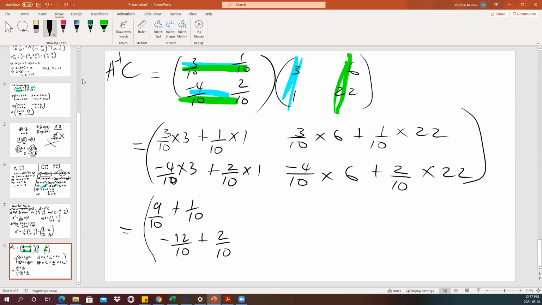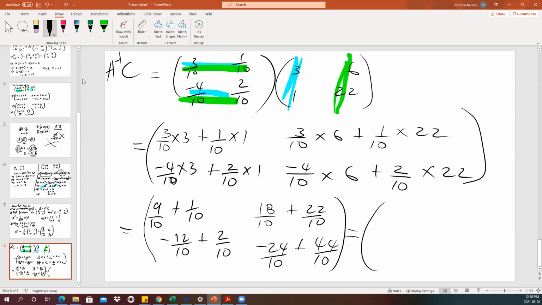Over here now we have 3 over 10 times 6, so that's 18 over 10 plus 22 over 10. And then we have minus 24 over 10 plus 44 over 10.